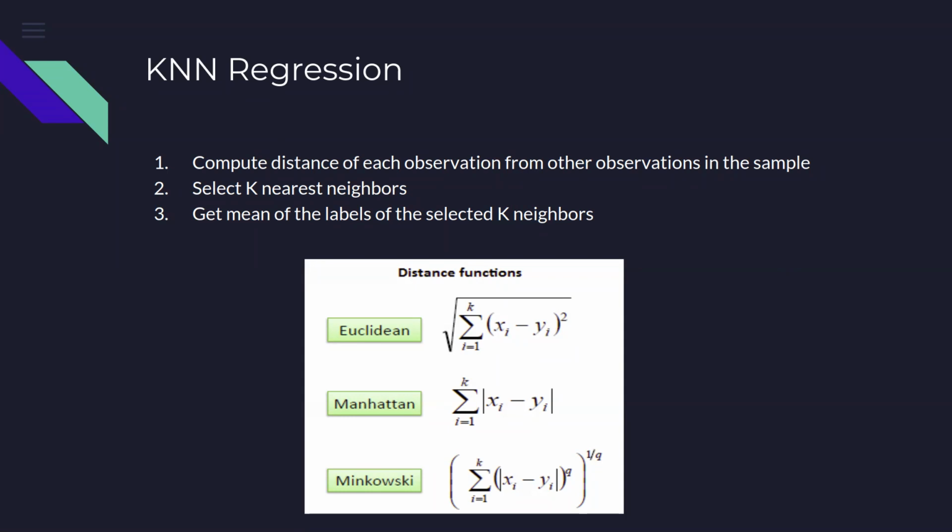The third method, which is very different from the previous two, and all these three are very different from each other. The third method is a very intuitive one, the kind of thing that we normally do in our life. We say that this is the house for which I want to make the prediction of what the price should be.